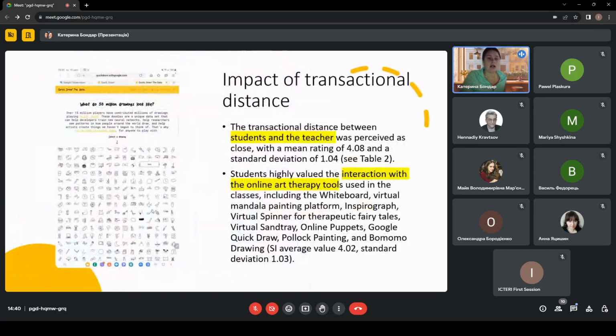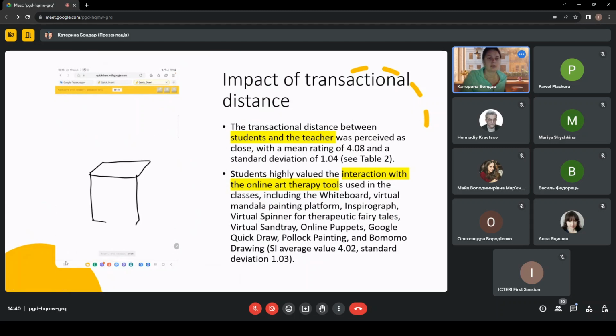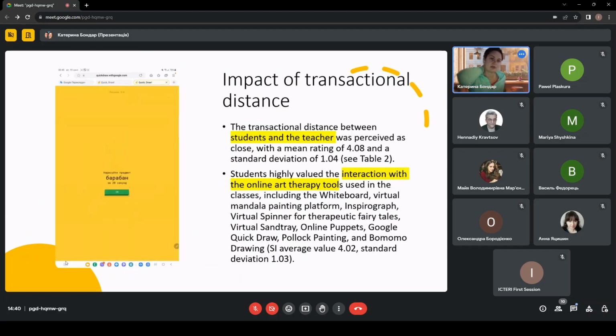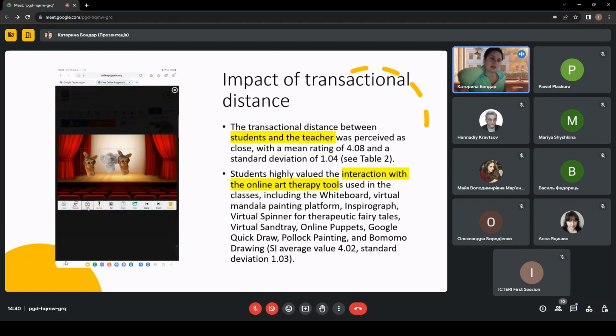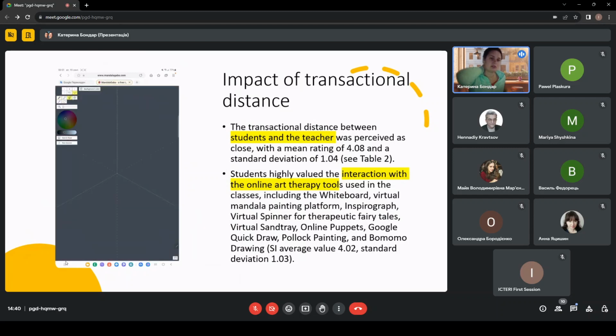However, I can show what these online tools look like, such as Quick Draw for warming up, where you need to draw some picture quickly, or use mandala for children or playback theater as a demonstration.